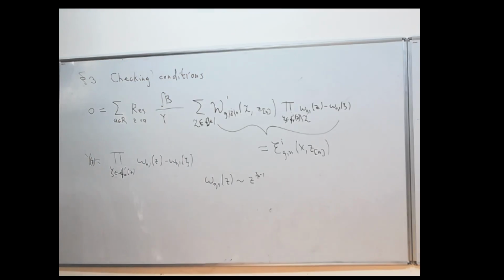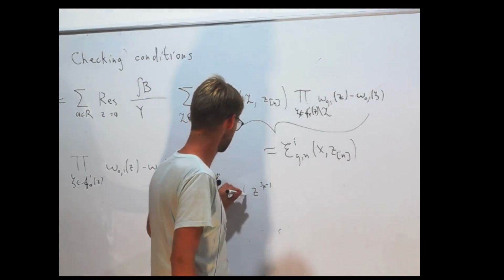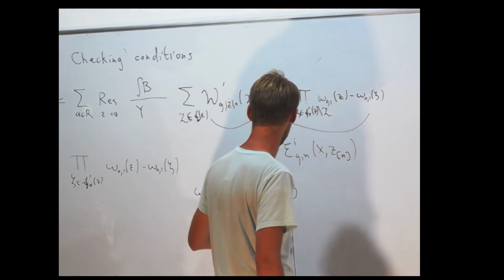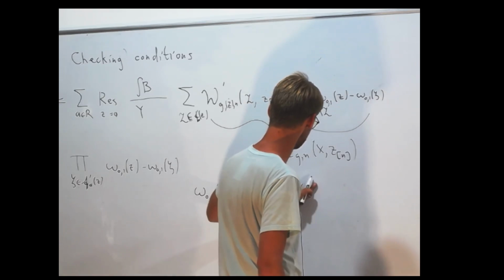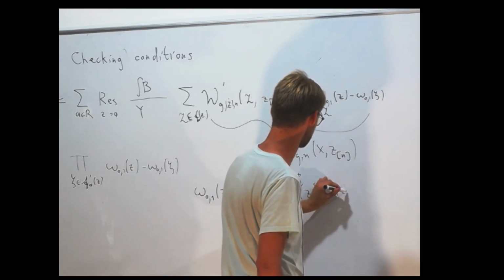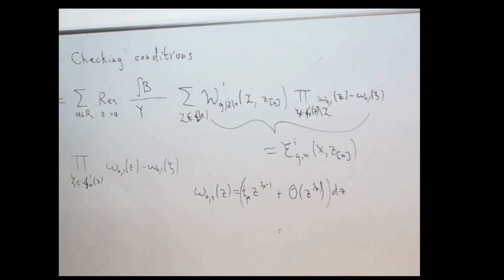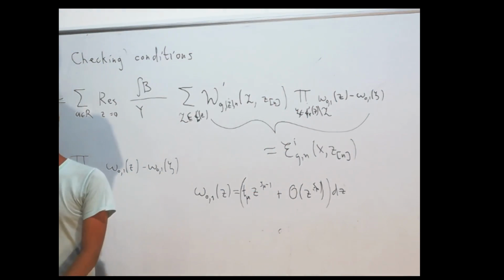That's the definition of S_mu. So slightly more concretely, it's this for some kind of non-zero t plus O(Z to the S_mu), of course, times dz. So this is nothing much, it's just the definition of S_mu and the definition of T_mu.